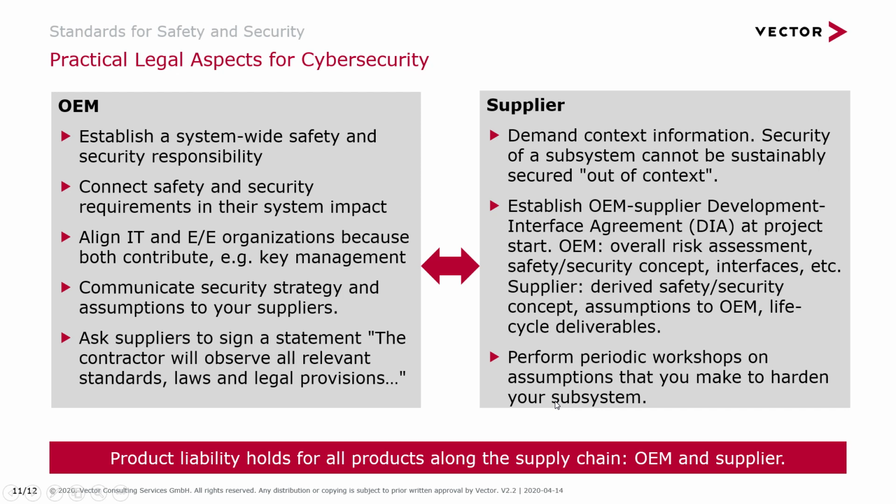Product liability means that we practice the state of the art. The state of the art is the standards which are released at the time when we design the product, when we develop the product. And this is currently our functional safety standards like the ISO 26262. It's the cybersecurity standards like the 21434. It's a type approval regulation like UNECE, Working Group 29, specifically with the cybersecurity and the software update management system.